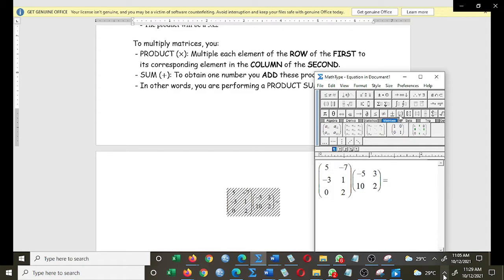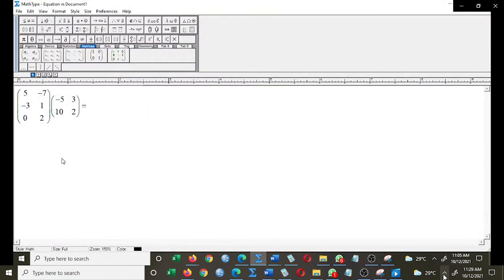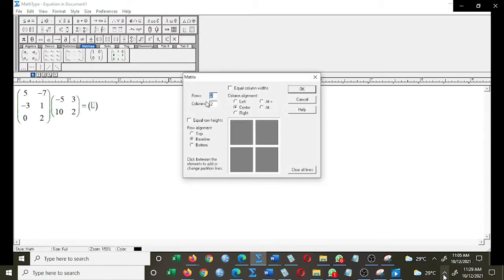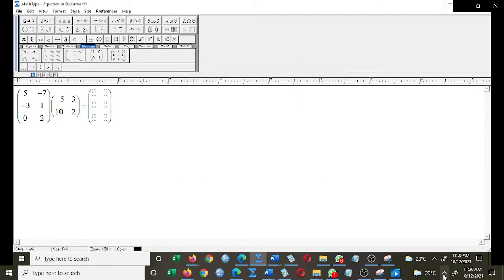By the way, what is our answer going to be? A 3x2: 3 rows and 2 columns. So to get just one number there, what must we do?